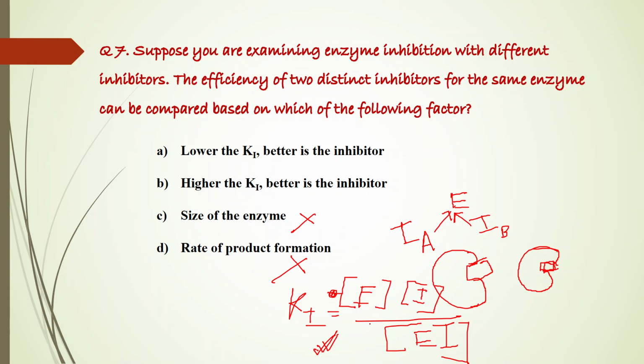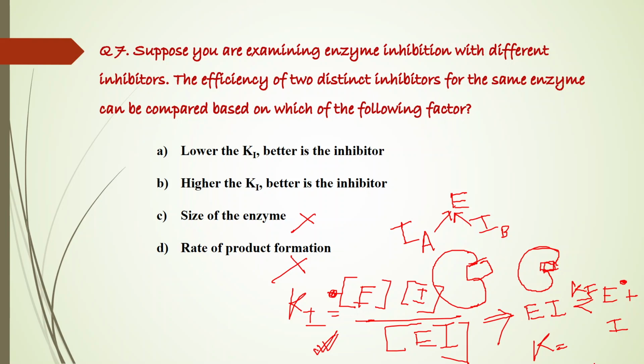So we can see at the top there are enzyme and inhibitor concentrations individually. The corresponding equation should look something like EI going to E plus I. Only then, if you write the equilibrium constant for this equation, you will write enzyme concentration into inhibitor concentration divided by enzyme-inhibitor concentration. So basically Ki is the dissociation constant of the enzyme-inhibitor complex.